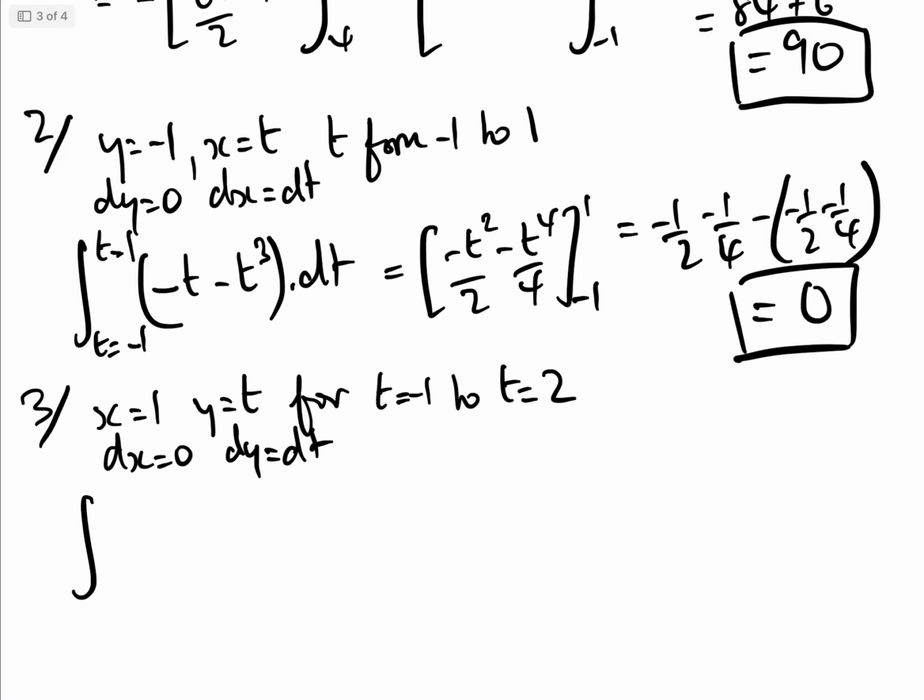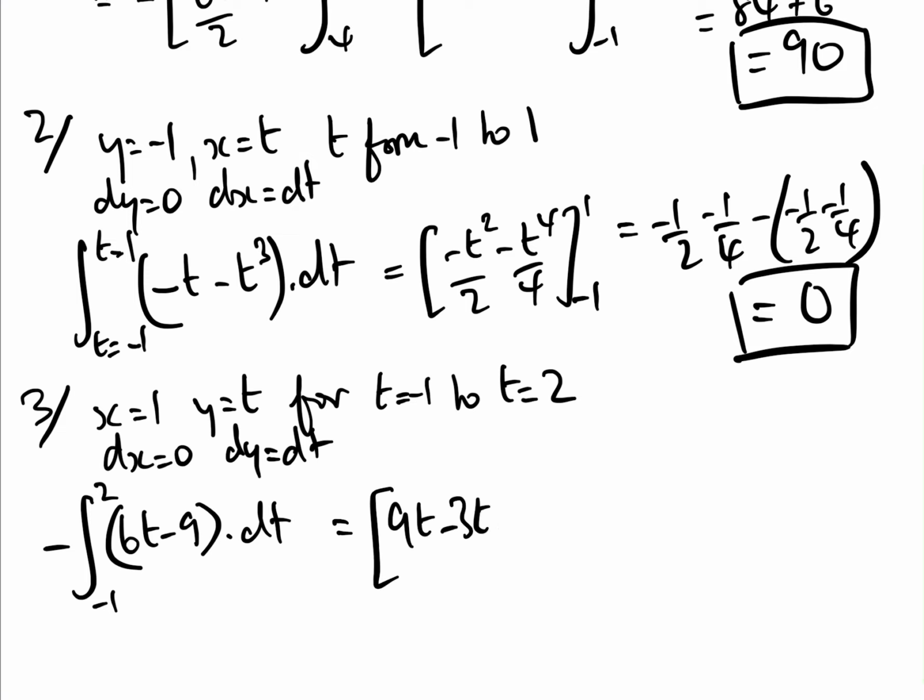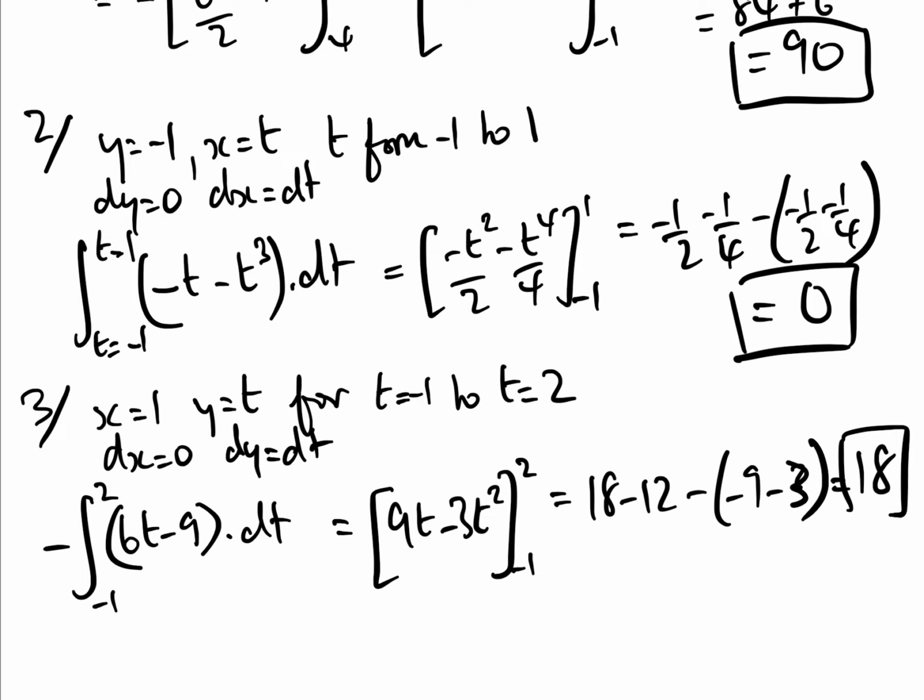So now let's do the line integral again. That will be minus the integral between minus 1 and 2 of 6t minus 9 dt, which equals 9t minus 3t squared between minus 1 and 2, which equals 18 minus 12 minus 9 minus 3, which equals 18. Okay, so that's the third line integral done.